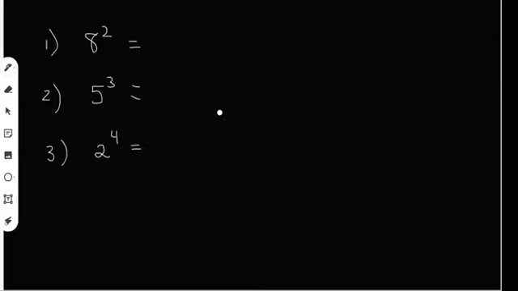When you do exponents, you really have as many copies of the base as the exponent tells you. Up here, we know that we're squaring 8. That means we have two 8s right beside each other. And then when we multiply them, we get 8 times 8, which is 64. So that's going to be our answer for the first one, 64.